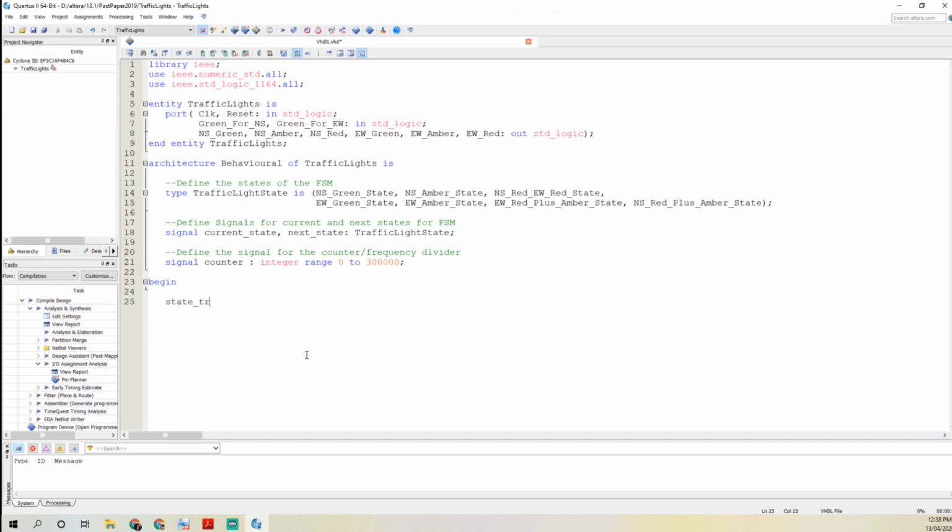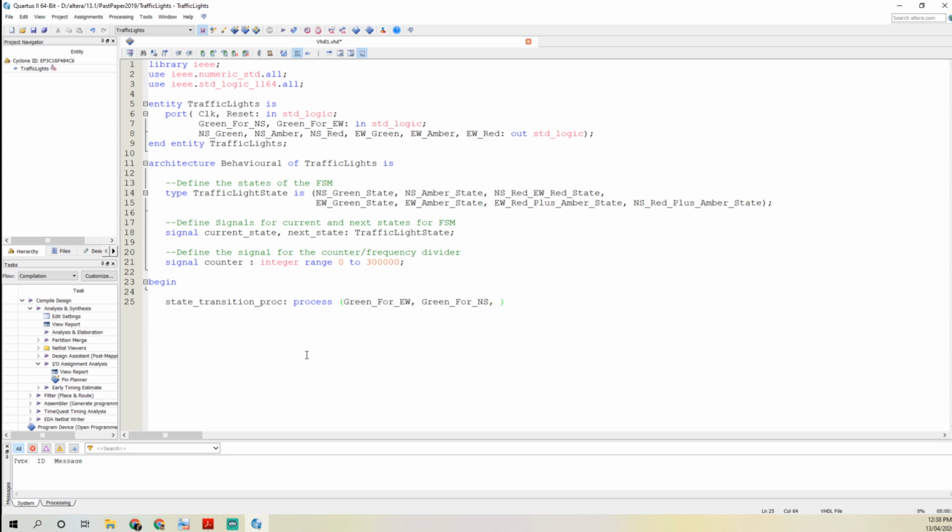So we're going to have the state transition process. Because I have multiple processes now, I need to actually name these processes so that I could keep track of them myself. Okay? This process is going to have a sensitivity list, and we need to try to understand what this process is sensitive to. Well, it is sensitive to changes in my input signals, green for east-west and green for north-south.